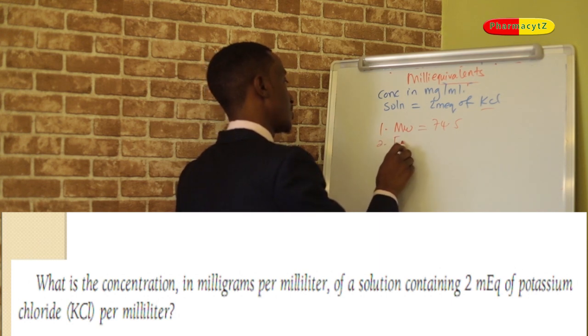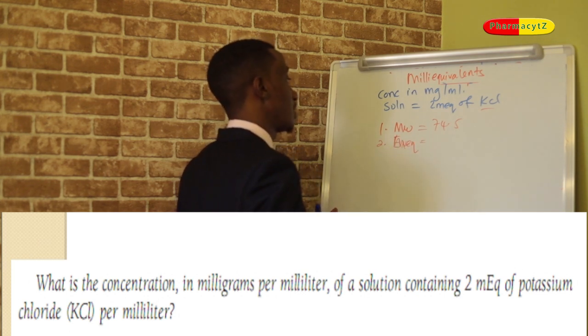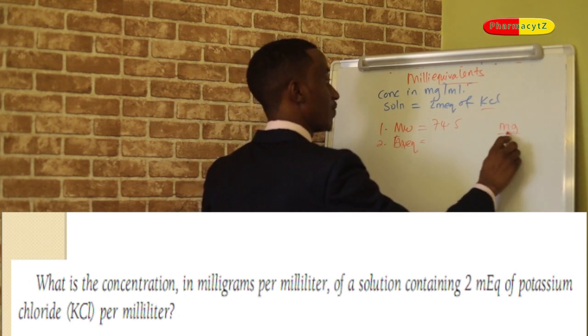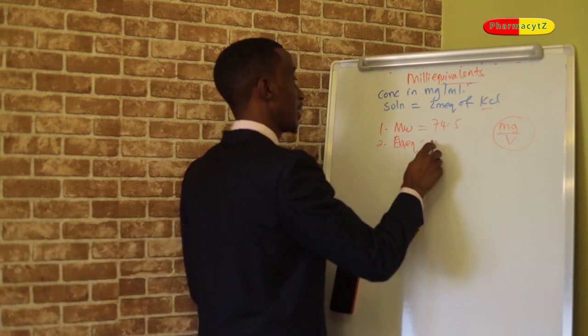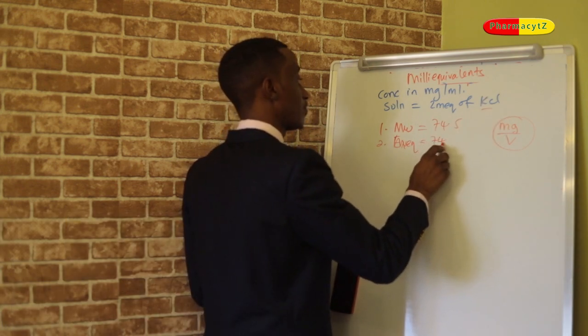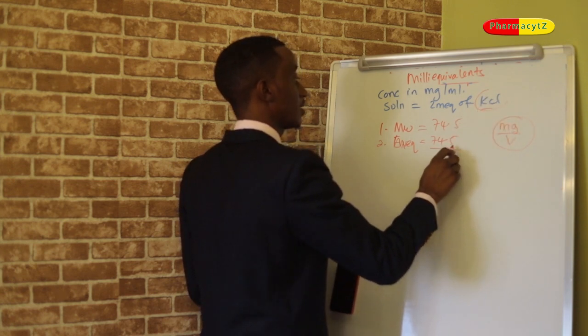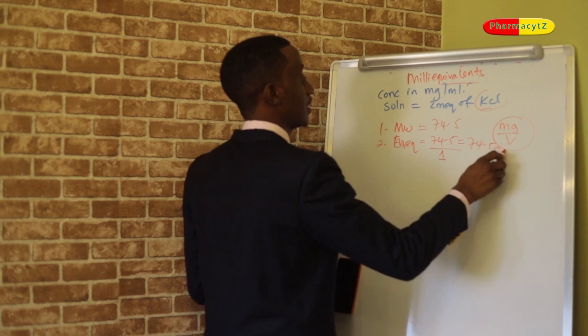Then the equivalent weight. To get the milliequivalent, you need to have milligrams divided by valence, milligrams of a specific substance, and this is potassium chloride. So milligrams of potassium chloride divided by its valence, then its valence is 1, that remains 74.5 milligrams.